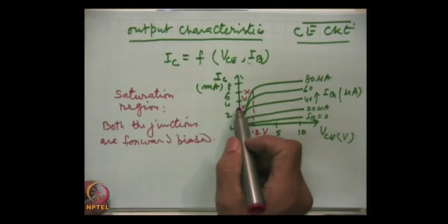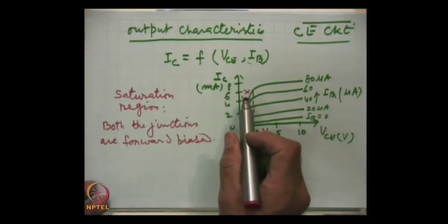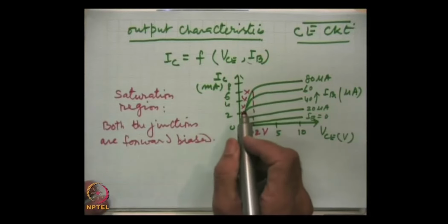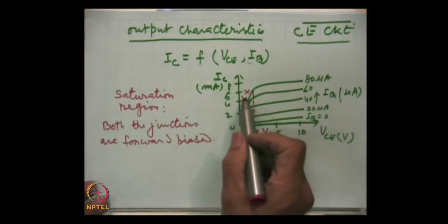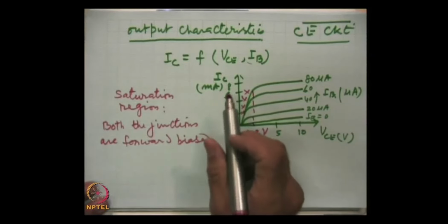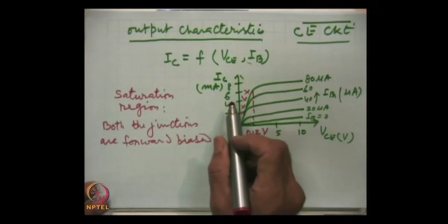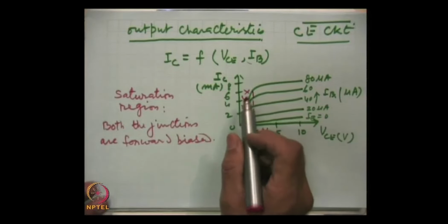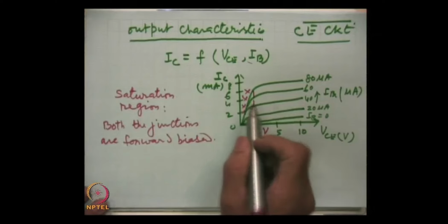This is the region which is to be avoided for amplifying purposes, because we have already discussed that the output current does not vary linearly with input current, and so this is to be avoided totally.